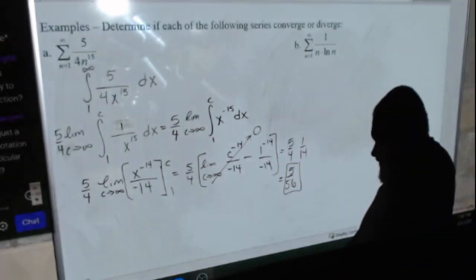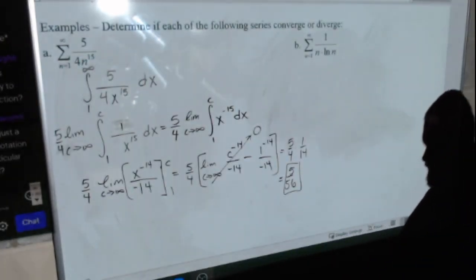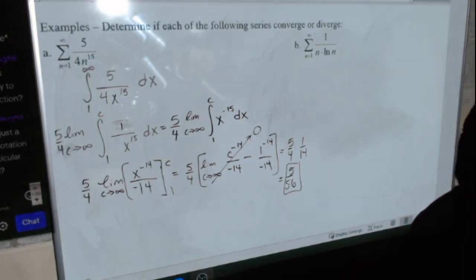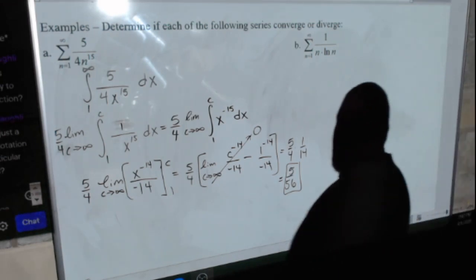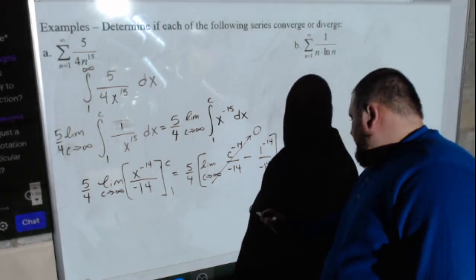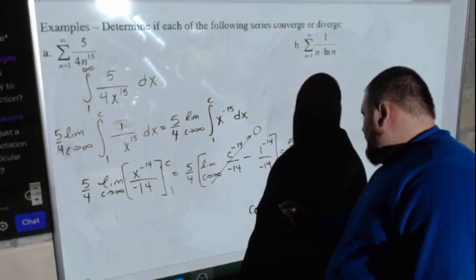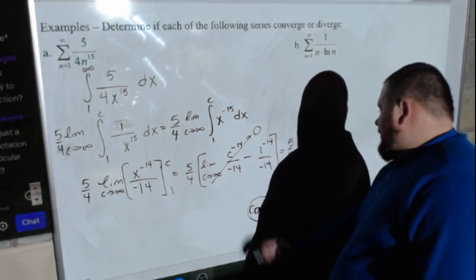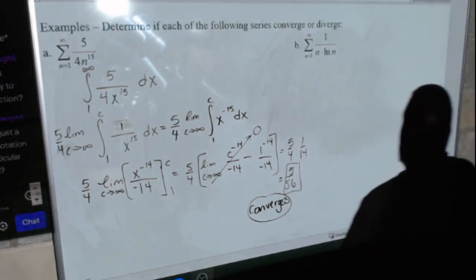So we get some number out of it. And that number tells us that this converges. Because it says if the integral converges, then so does the summation.